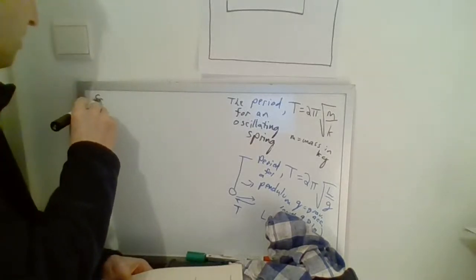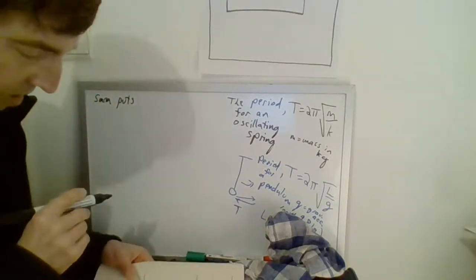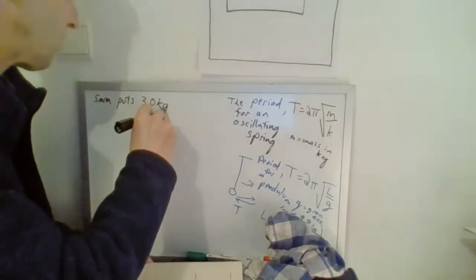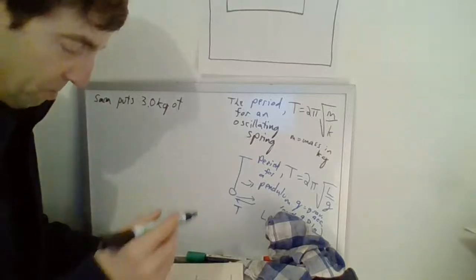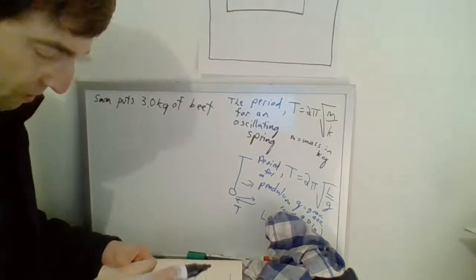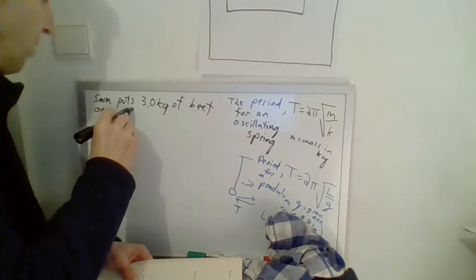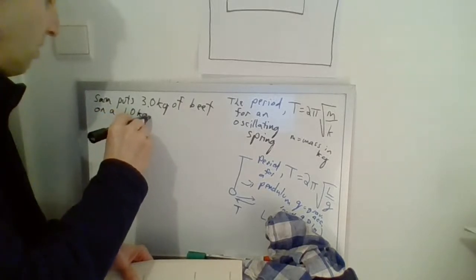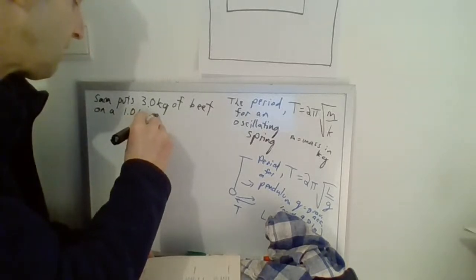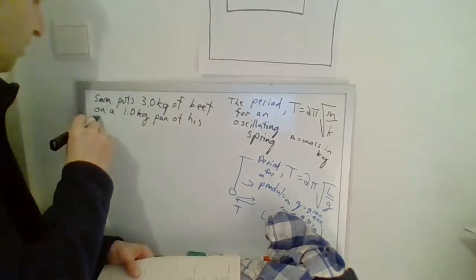So Sam puts 3.0 kilograms of chopped beef on a 1.0 kilogram pan of his spring scale.